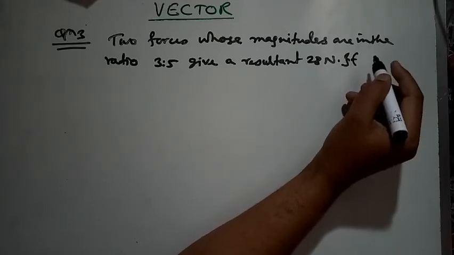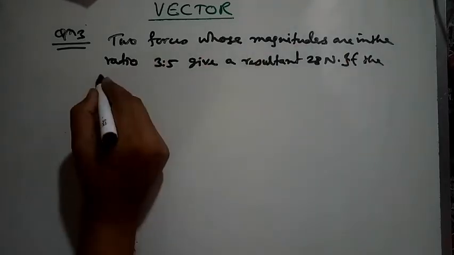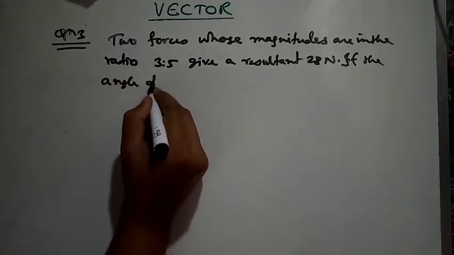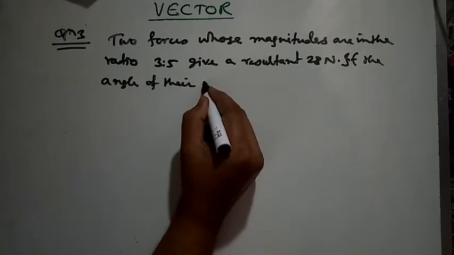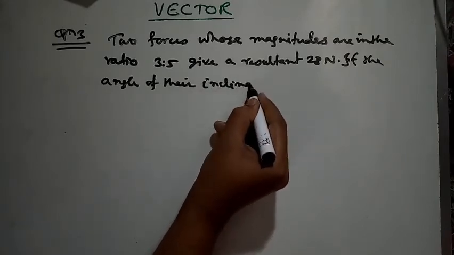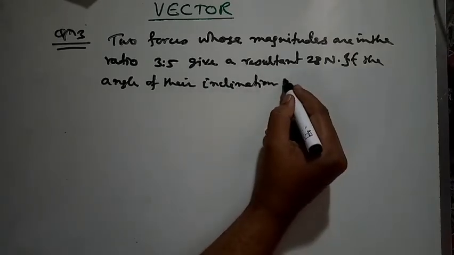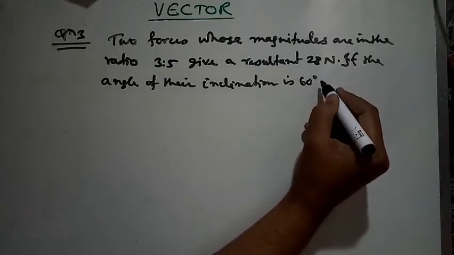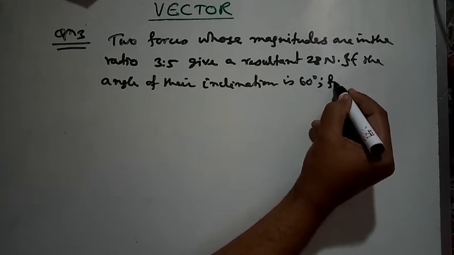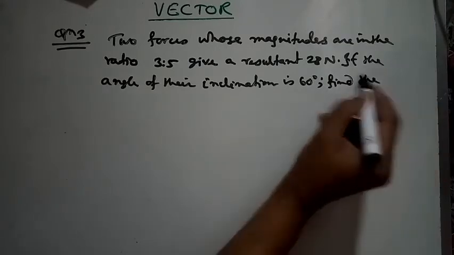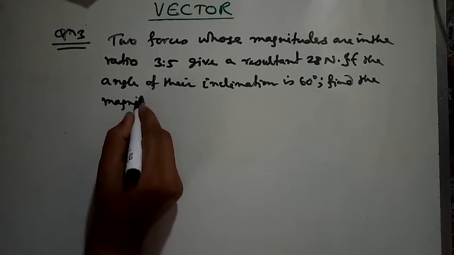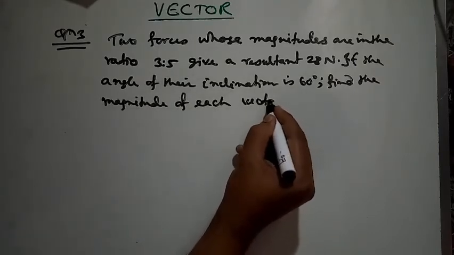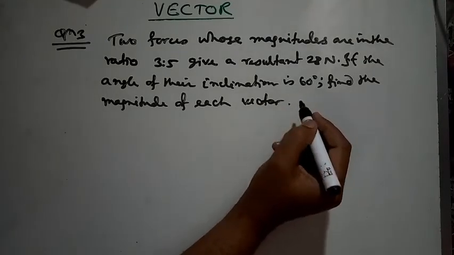If the angle of their inclination is 60 degrees, find the magnitude of each vector. Very easy question, you can try once.